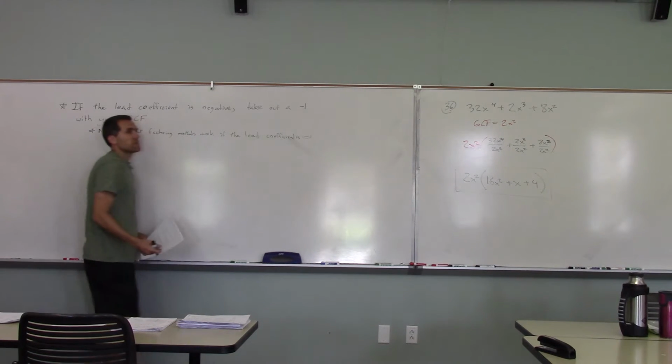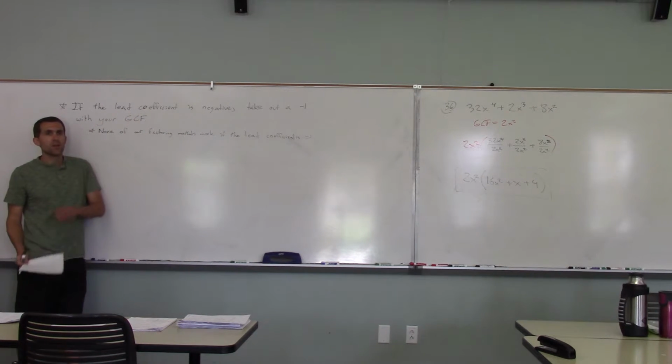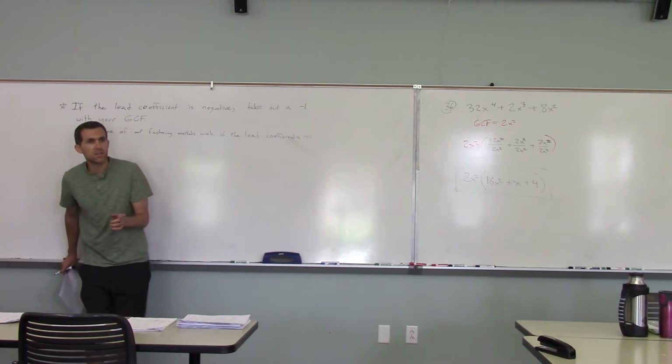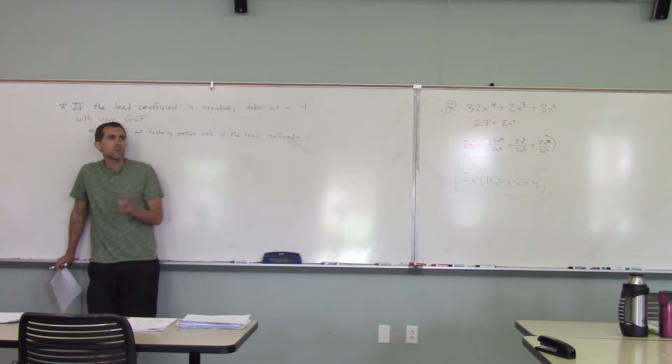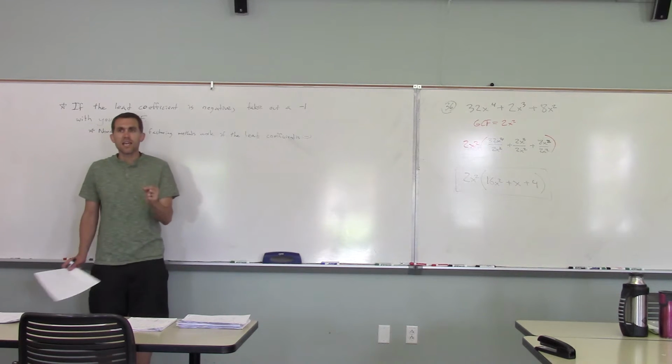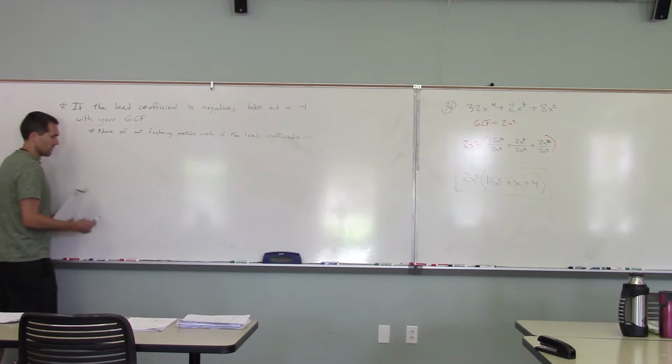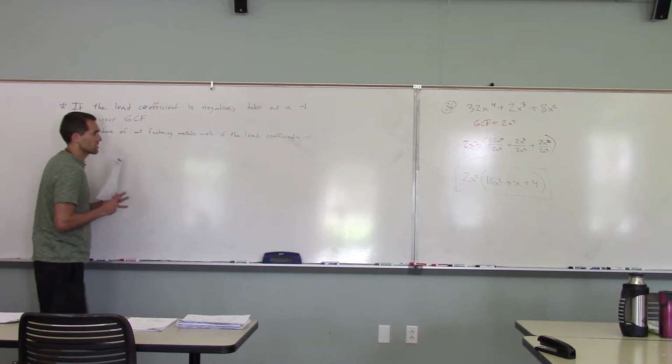So first off, we have to pull that negative out front, otherwise none of our methods work. What's the first step here? Take out the GCF altogether, and if you don't do it, anything you do after that is necessarily wrong, because you can't use our methods if there's an extra x in every term, and you can't use our methods if the lead coefficient is negative. So you have to be careful that you take out the GCF correctly first, otherwise the rest of the problem is, if not much harder, possibly impossible.